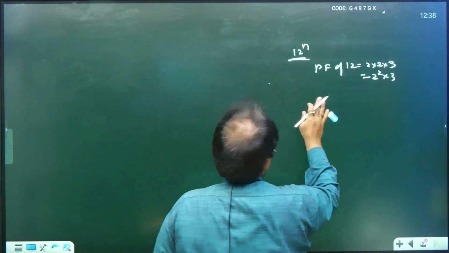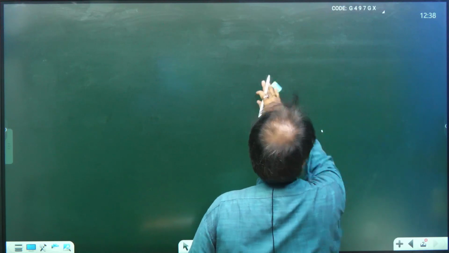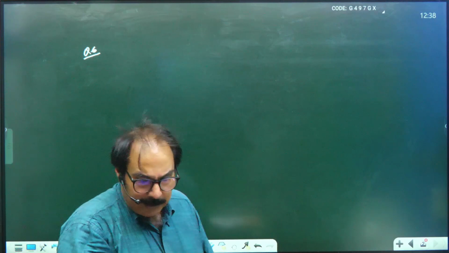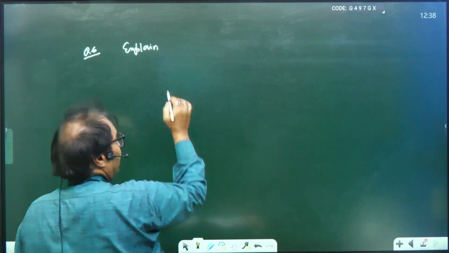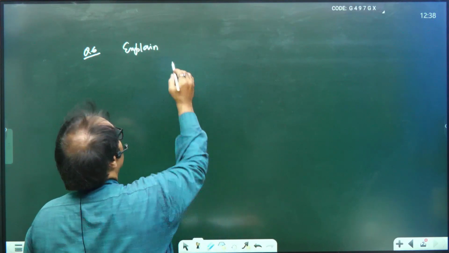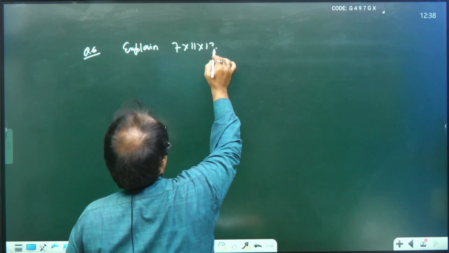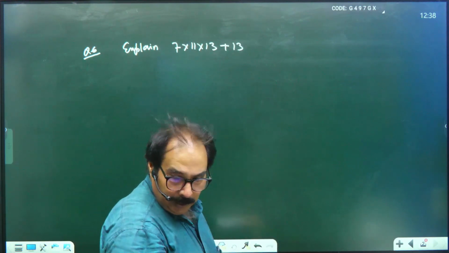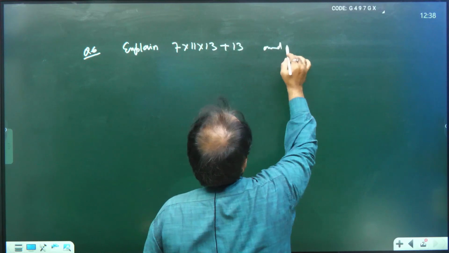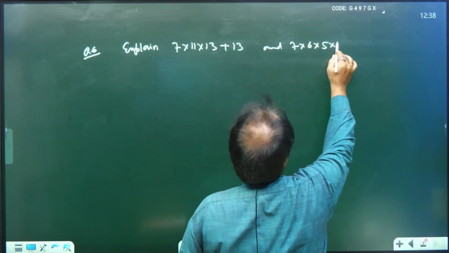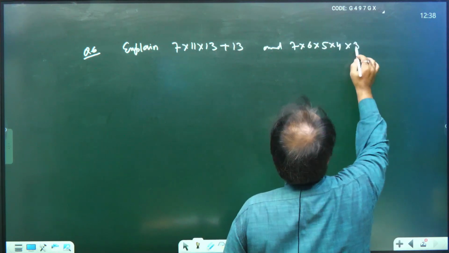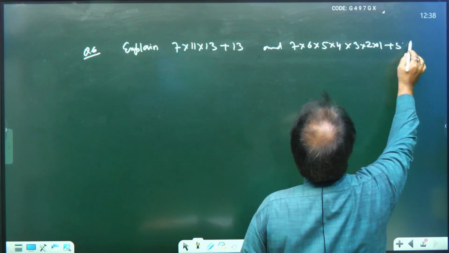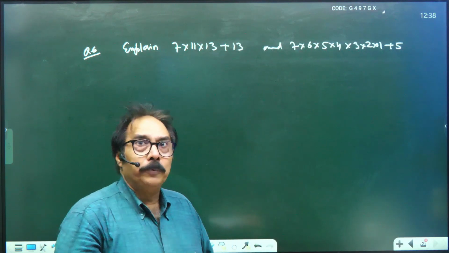And the sixth question is: explain why 7 into 11 into 13 plus 13, and 7 into 6 into 5 into 4 into 3 into 2 into 1 plus 5 are composite numbers.